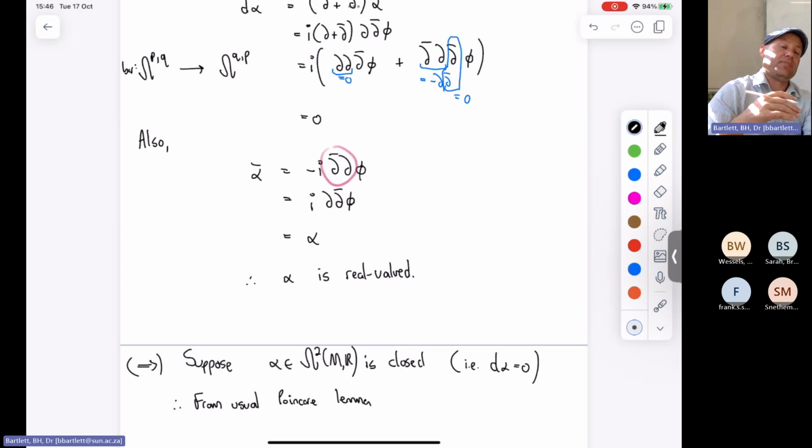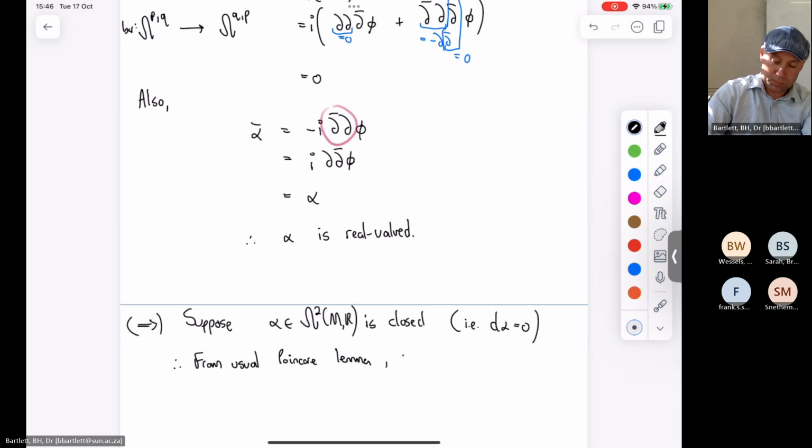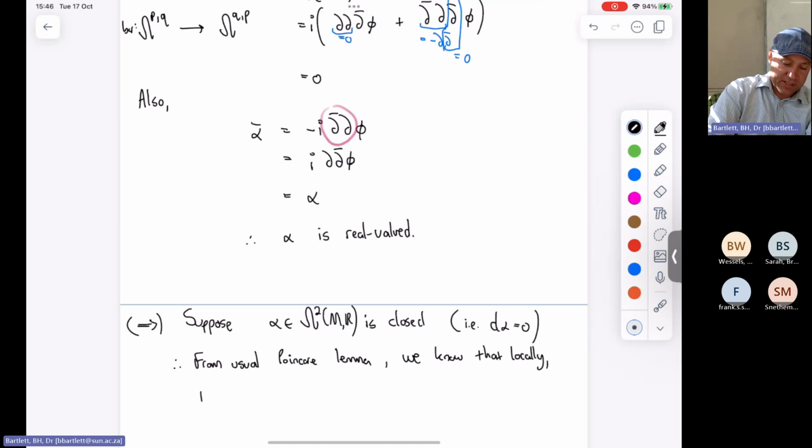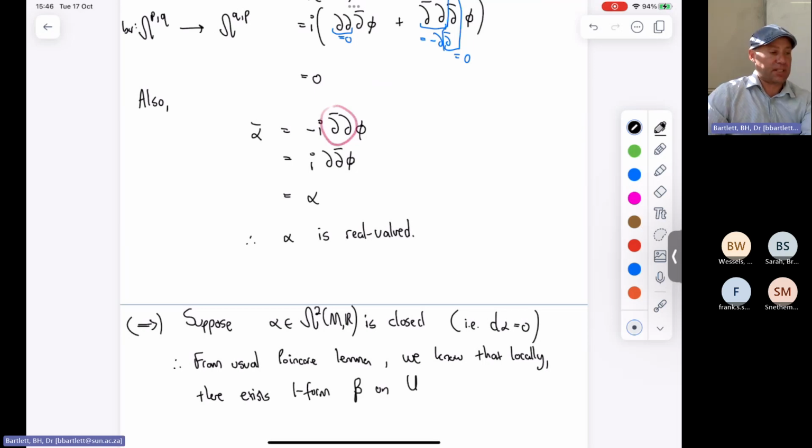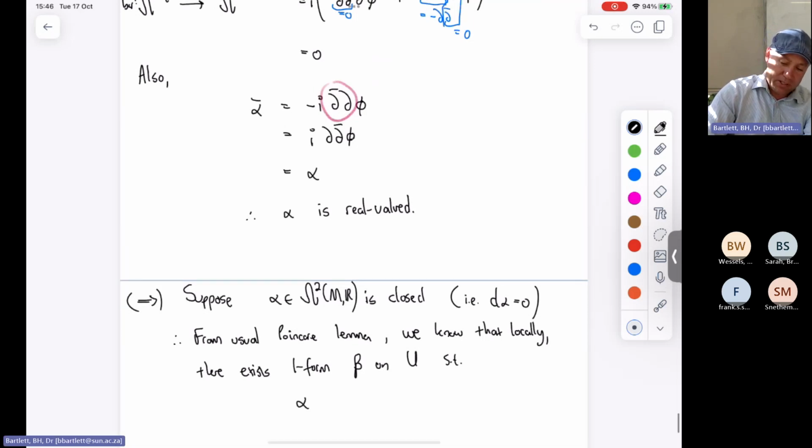So locally, if d of a form is 0, then locally it can be written as d of something. So we know that locally there exists a 1-form beta on some small enough open set U such that my 2-form alpha can be written as d of my 1-form beta.